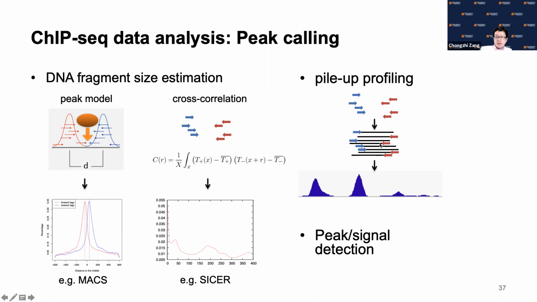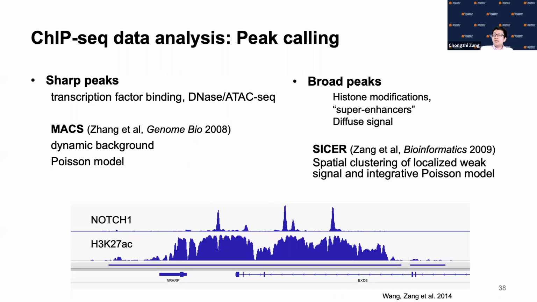Of course, if we use paired-end sequencing, in which each fragment has clearly known information from both ends, we don't need to do this DNA fragment estimation step. So the next step is peak calling, meaning that we want to identify the signal enriched regions across the whole genome.